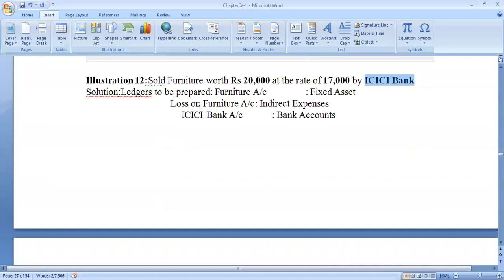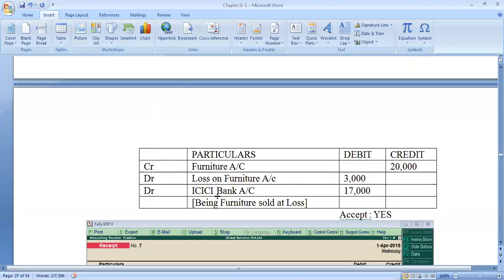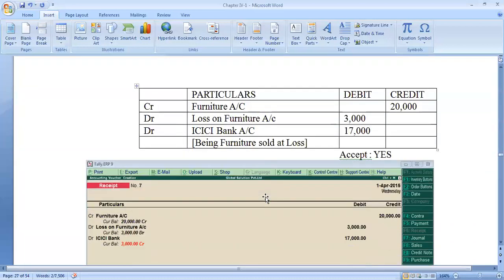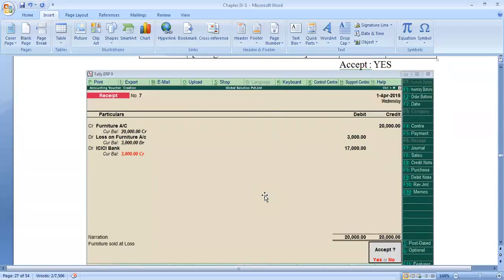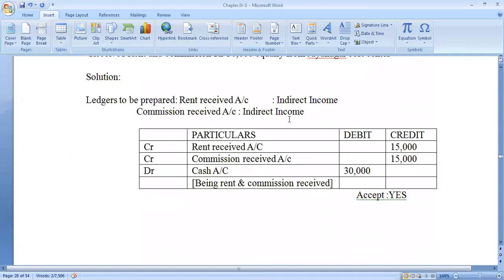But here, in the voucher, credit will be the furniture, debit will be the loss on furniture, debit will be the ICICI Bank. Okay. So the transaction moves on with the receipt voucher. Receipt voucher is with the F6 features, sorry, I said F7 by mistake. That is number 7 that we are recording later. So we are in the F6 features now.